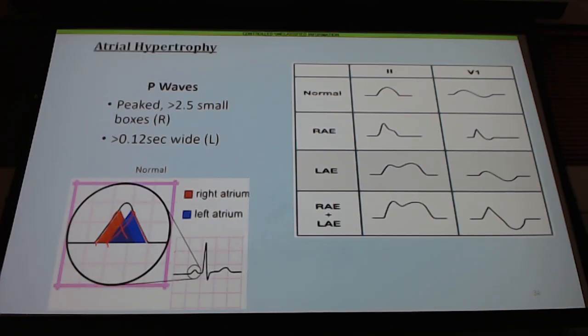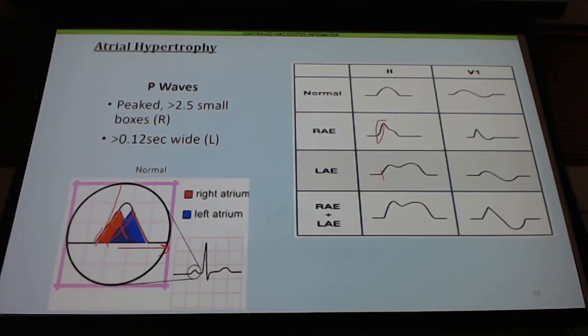However, if you have a right atrial enlargement, you're going to get a distortion of the beginning part of your P wave. And so what's going to end up happening is you're going to get a quick peak to your right atrial enlargement, and you're going to get that distorted look to that P wave. If you have left atrial enlargement, it's going to prolong that P wave.